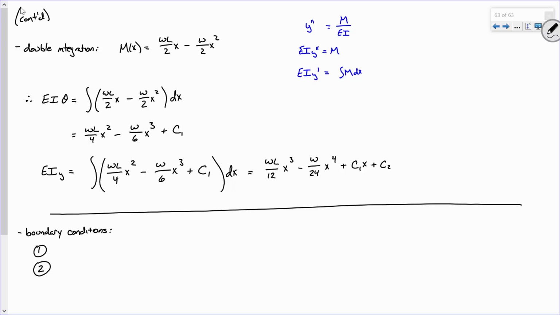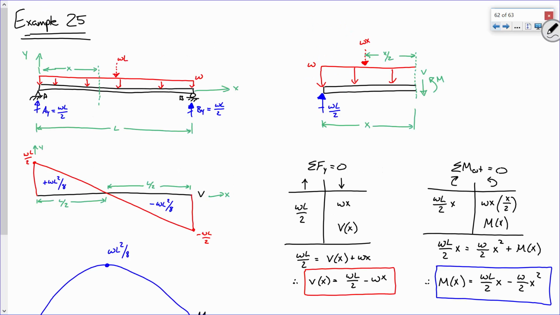To figure them out, I'm going to go back real quick to the previous slide. Everybody got this? Now, we are trying to solve for the deflection. So it's probably going to deflect something about like that. Are there any deflection points that we know?